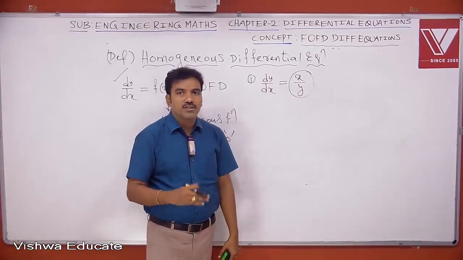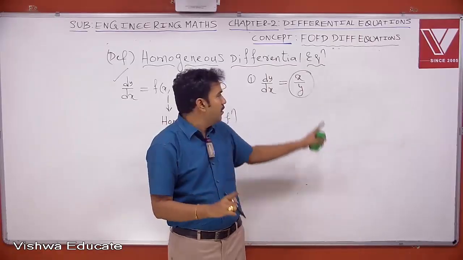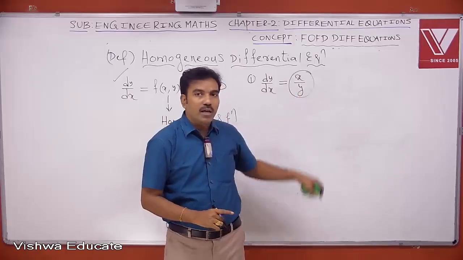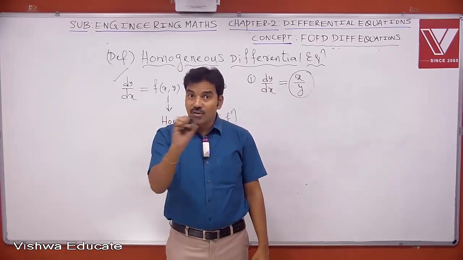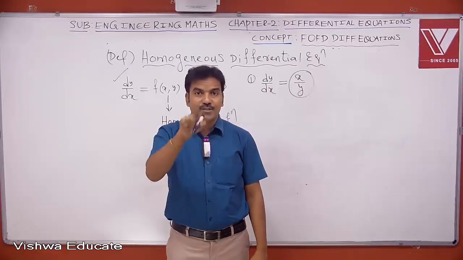One simple logic is that the numerator is a homogeneous function of degree 1. X alone is a homogeneous function of degree 1. Because of that division, the overall function is a homogeneous function of degree 0.